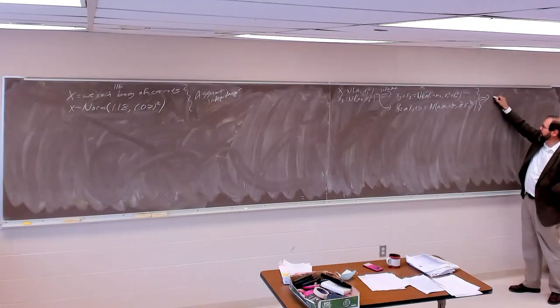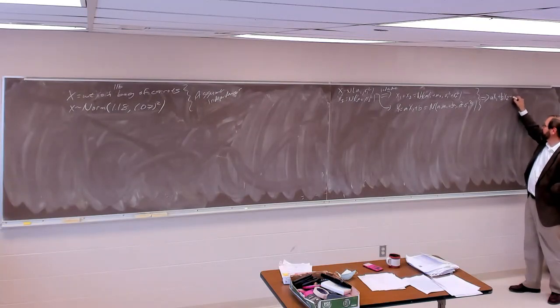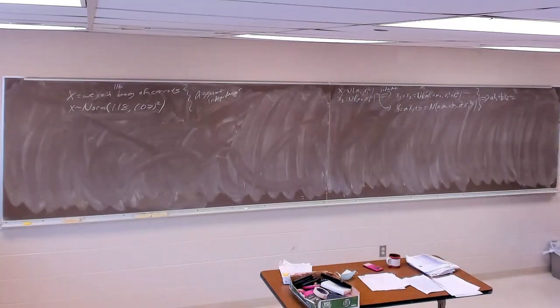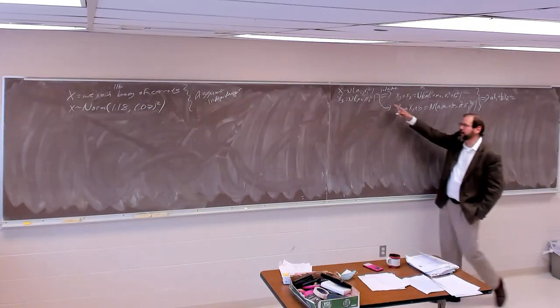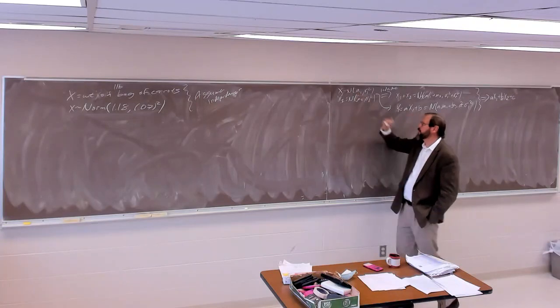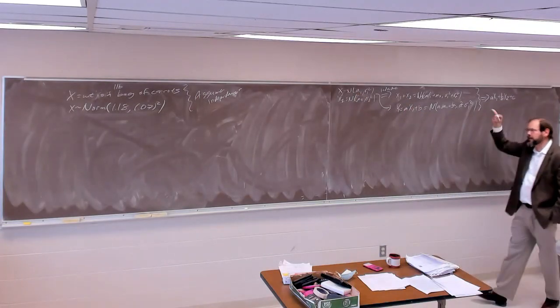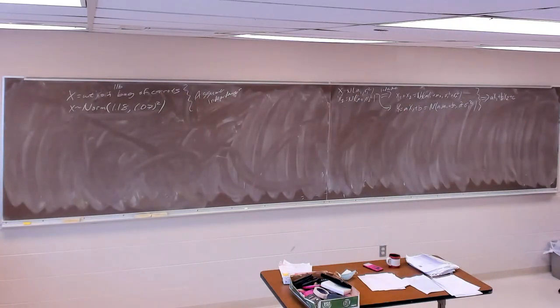If I have a x1 plus b x2 plus c, so now I'm going to start taking linear combinations of my two random variables. And again, I know they're both normal random variables with mu1 and mu2, sigma 1 squared and sigma 2 squared as the appropriate parameters.